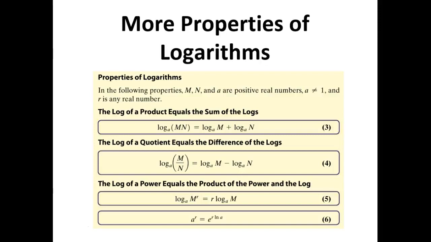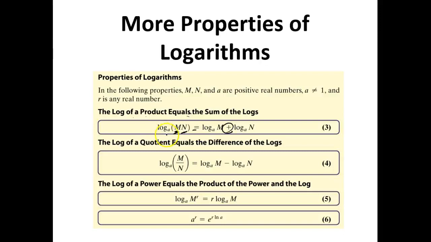Some more properties of the logarithm. The first one is the product property, or the log of a product equals the sum of the logs. If you see a product, two things getting multiplied together inside a logarithm, it's the same thing as the individual logs, except with an addition sign between them.